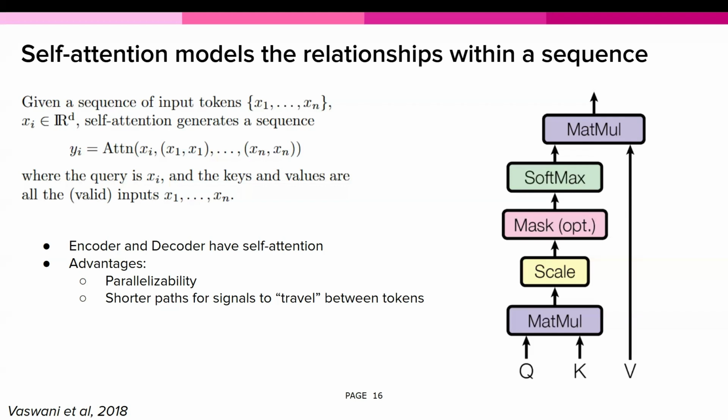And each token can directly attend to every other token. This allows the model to capture dependencies across the entire sequence without needing to pass information in a step-by-step fashion as recurrent neural networks do.